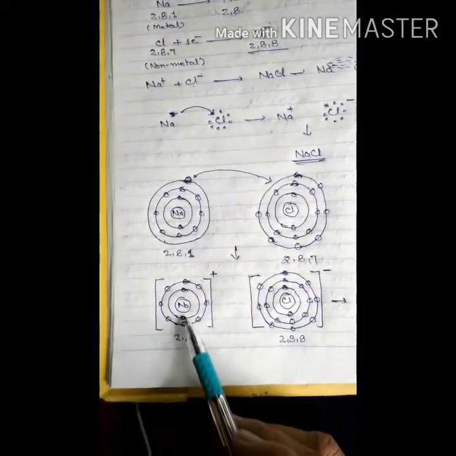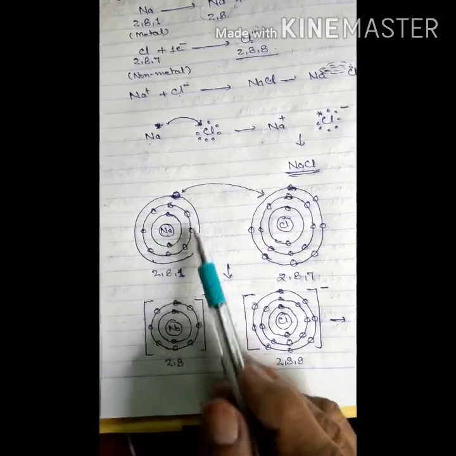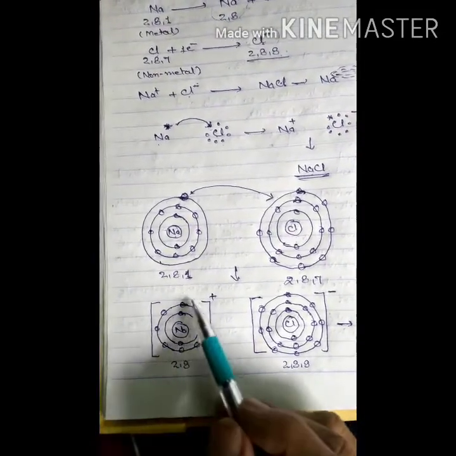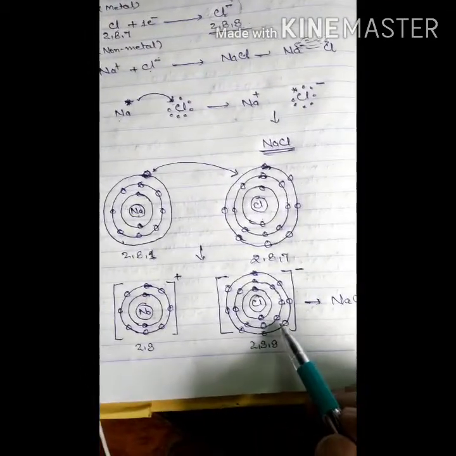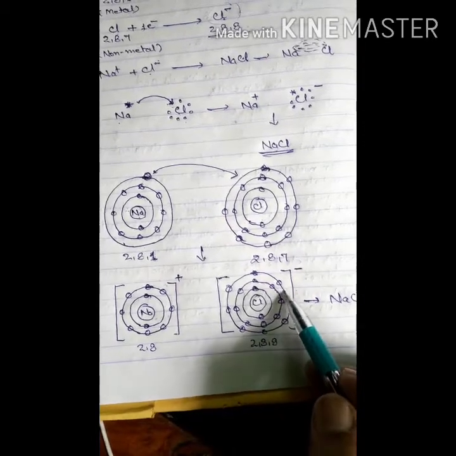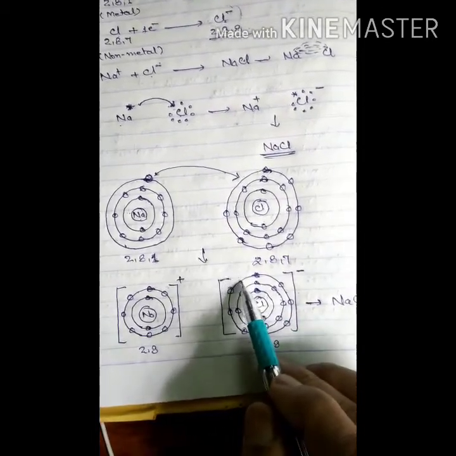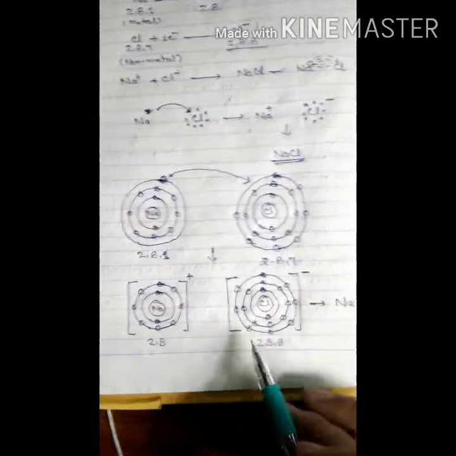In this way, sodium, which has 3 shells, now become having only 2 shells and it get positively charged. On the other hand, chlorine, it already has 3 shells and that electron get entered into third shell of the chlorine and this will become negatively charged. So in this way NaCl will be formed.